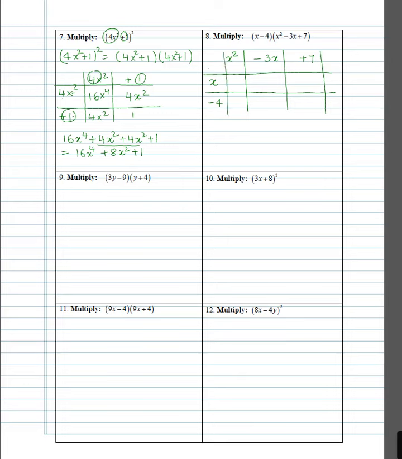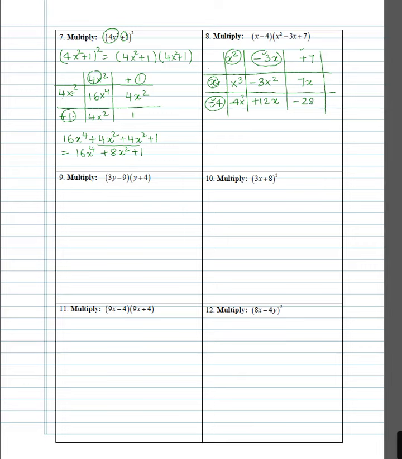So x times x squared gives me x cubed. x times negative 3x gives me negative 3x squared. x times 7 gives me 7x. Negative 4 times x squared gives me negative 4x squared. Negative 4 times negative 3 gives me positive 12x. Negative 4 times positive 7 gives me negative 28.